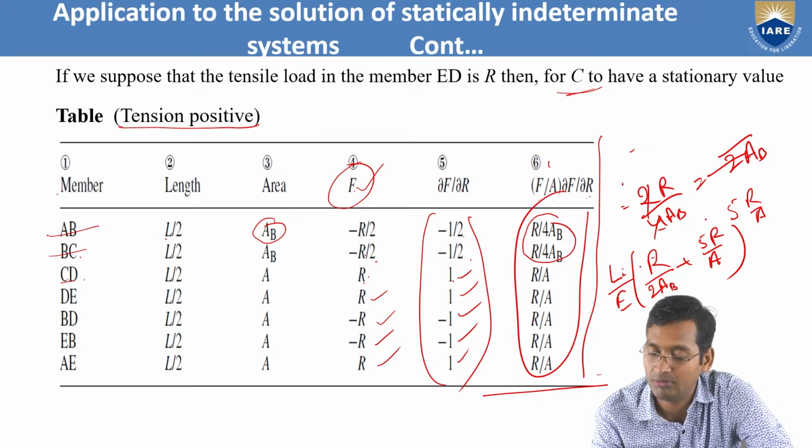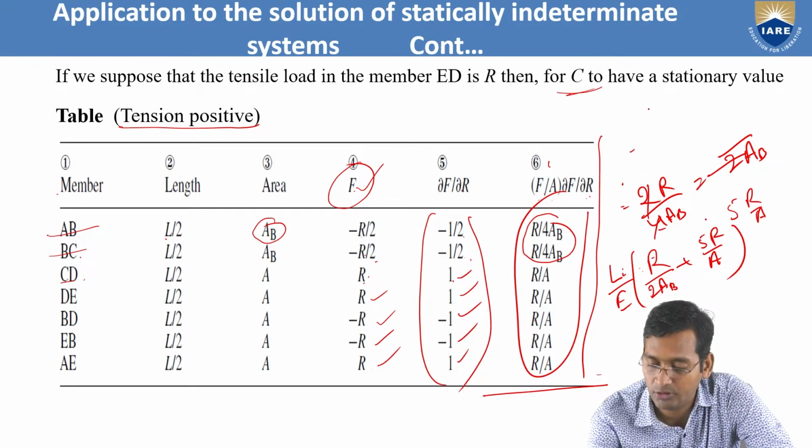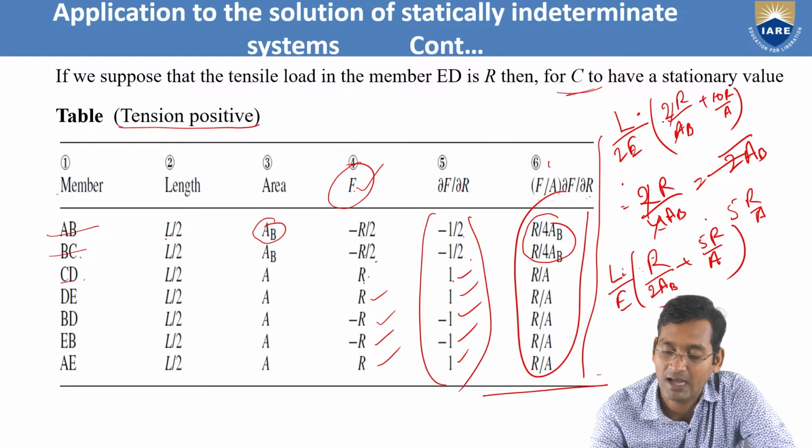So now multiply and divide by 2. After multiplying and dividing by 2, what will we get? So this is L into L by 2E, I am writing here, and multiplying 2 with each term. So 2R by AB plus 10R by A. Okay, 2 cancels, take R common.